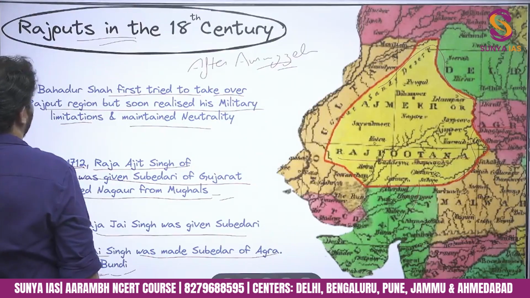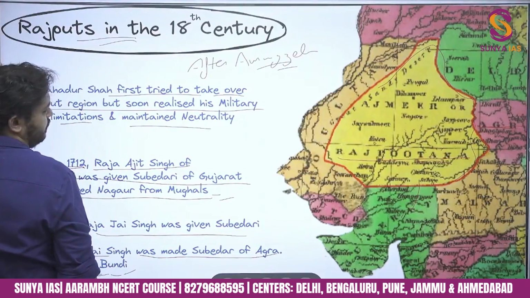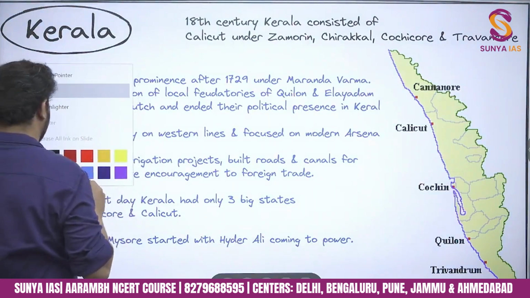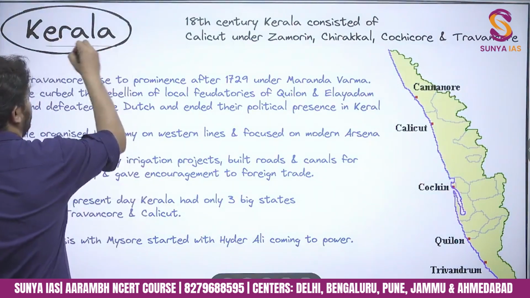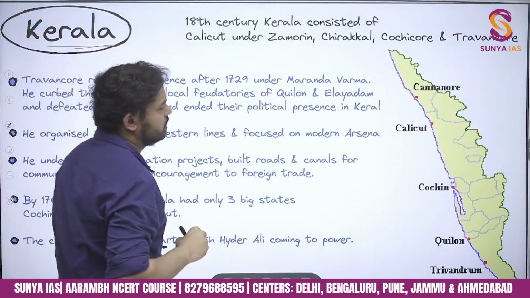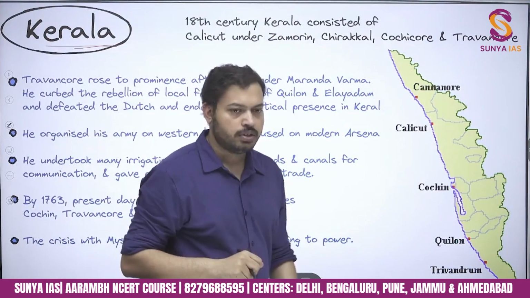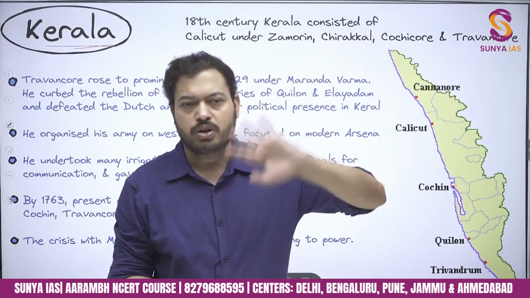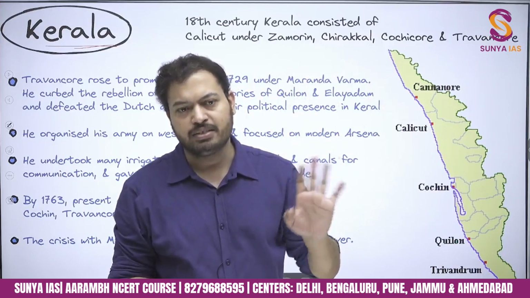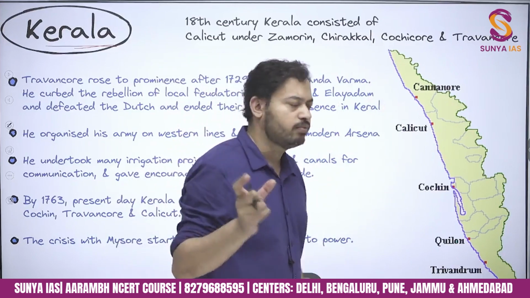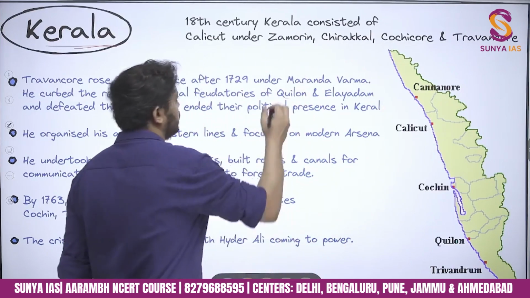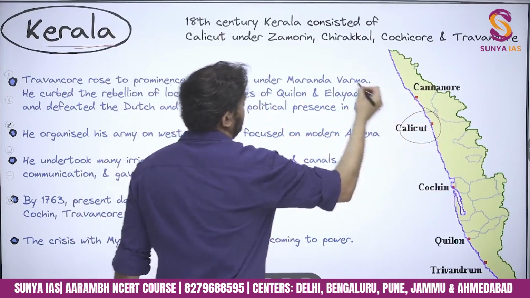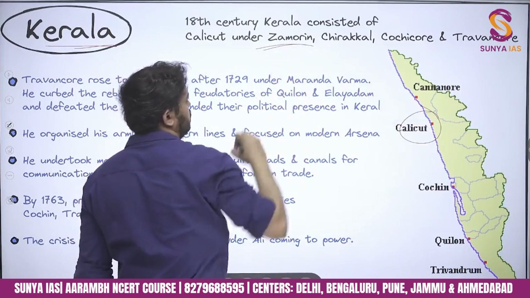Once the Rajputs are done, let's move to the second section, and that is Kerala. Kerala is in the deep south. To understand this, what we now call Kerala was not like that; it's not all that easy. Kerala had four different parts. First, Calicut, ruled by the Zamorin.